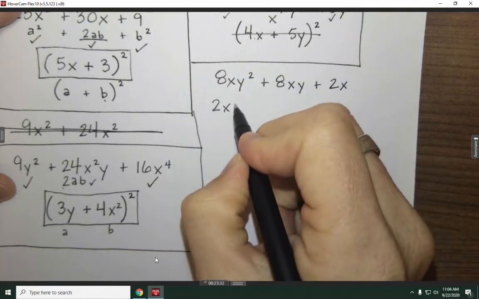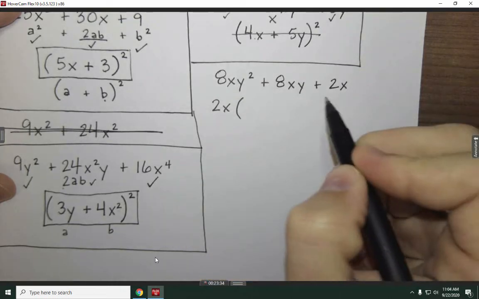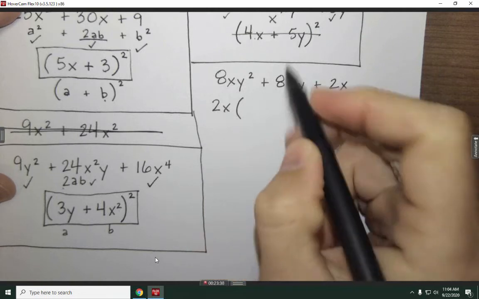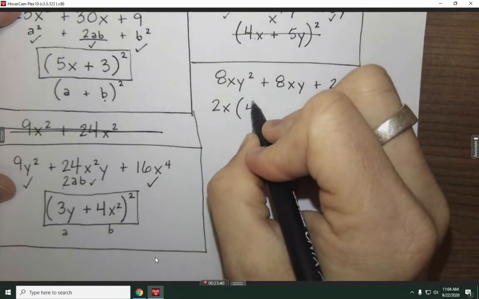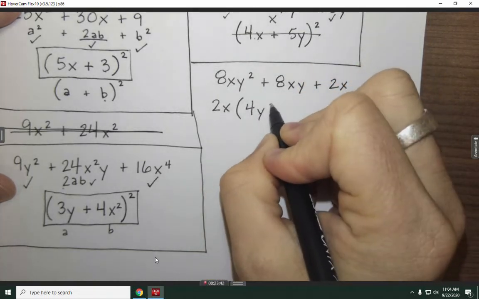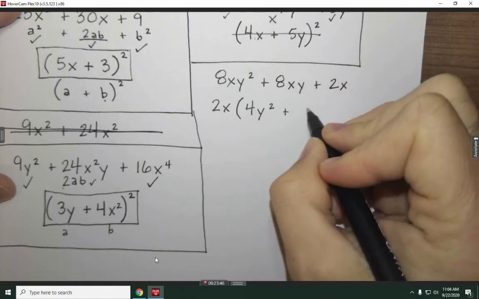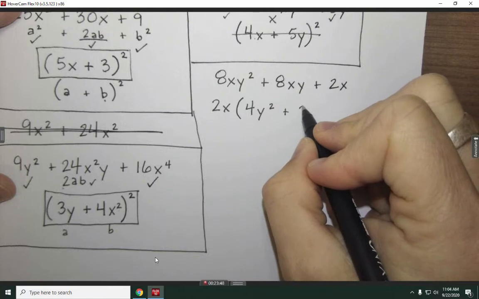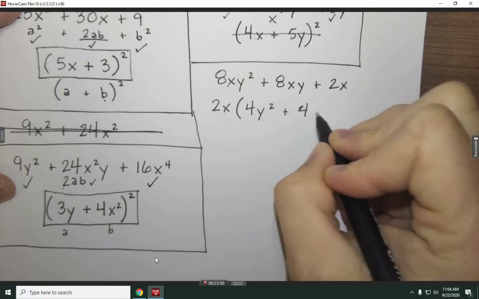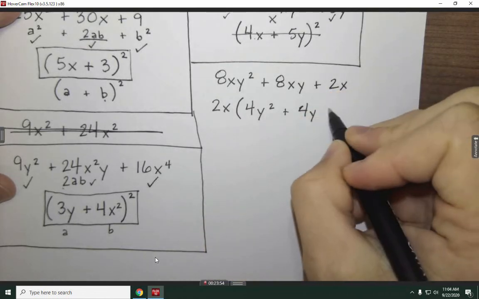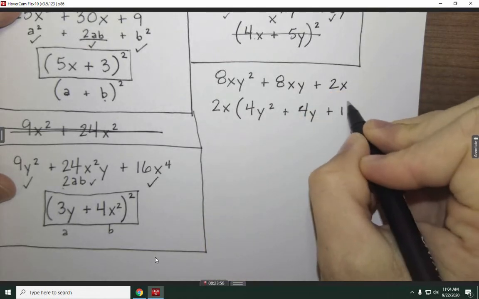Let's see what we have left. 8xy squared divided by 2x is 4y squared. And then we get plus 4y. And then 2x divided by 2x is 1.